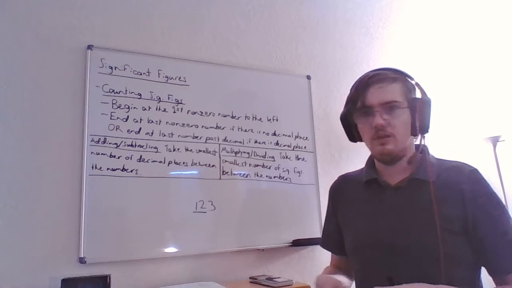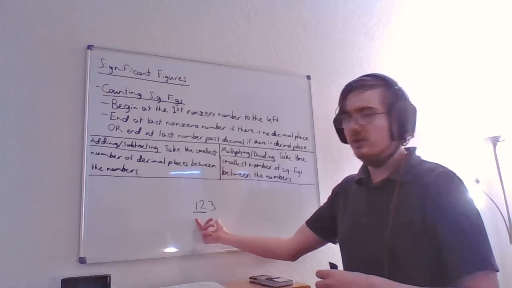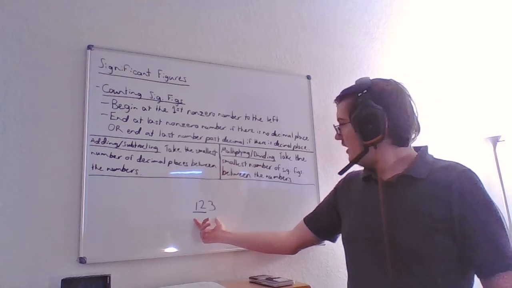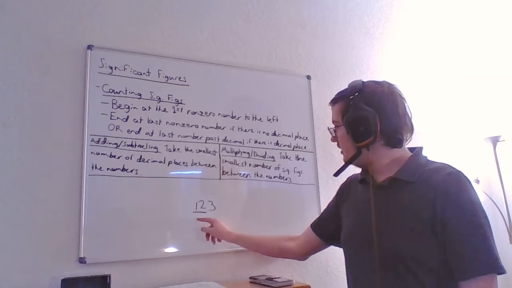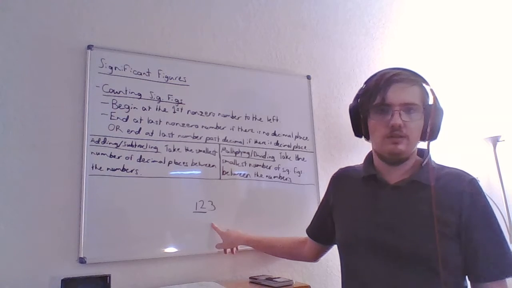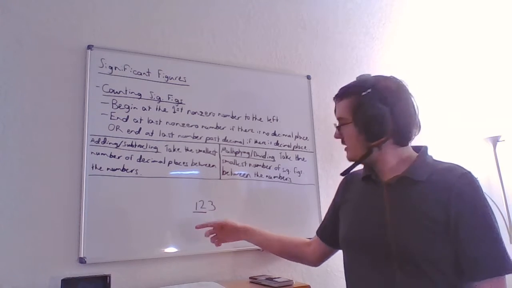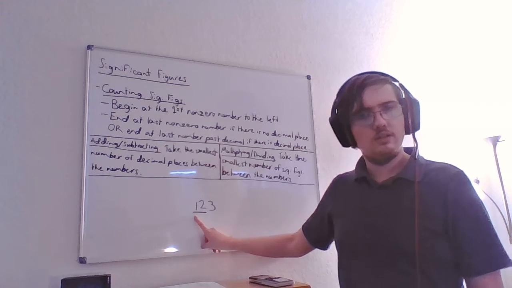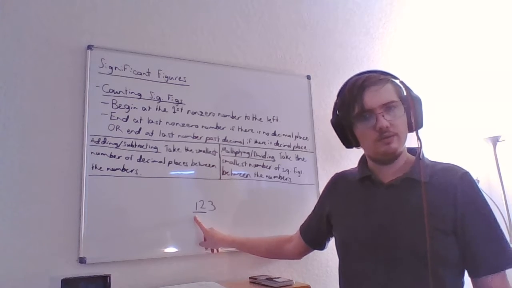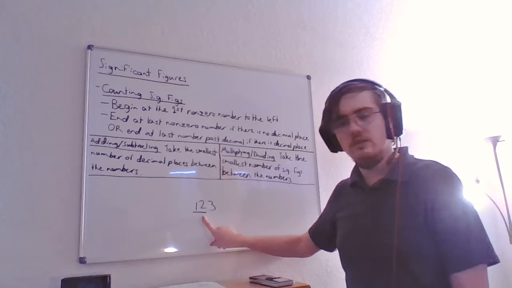So, for example, if we had the number 123, and we know that 1 and 2 are significant, what that means is that we're confident the 1 is pretty good, pretty close. And we're also pretty confident the 2 is close.